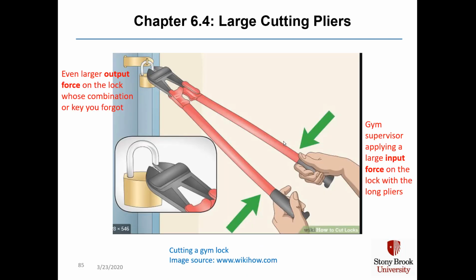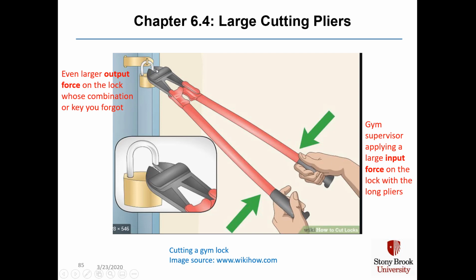Here's an example of a very large cutting pliers cutting a gym locker. Some of you may have had that experience in high school. You put your lock in the gym and you forget the key or the combination, and the gym supervisor comes along with his massive pair of pliers, and provides a very large input force P where the hands are.